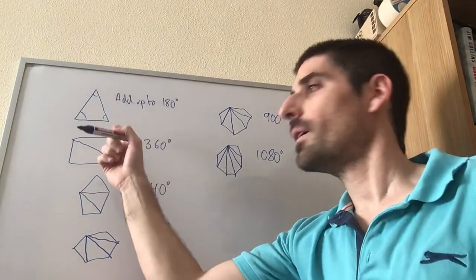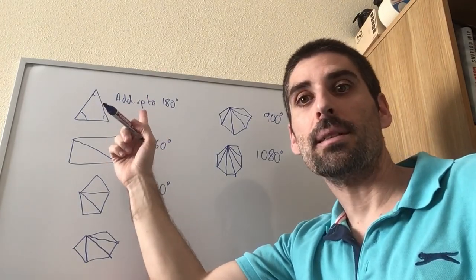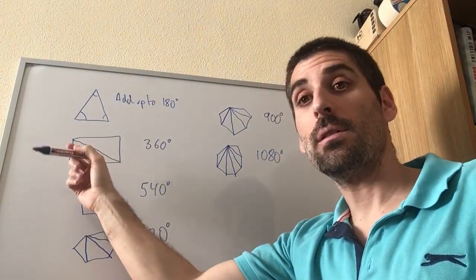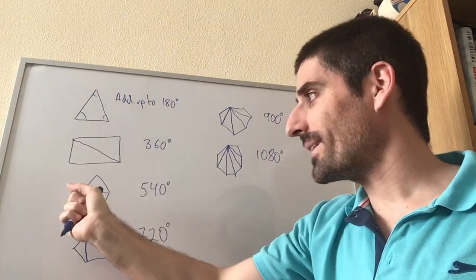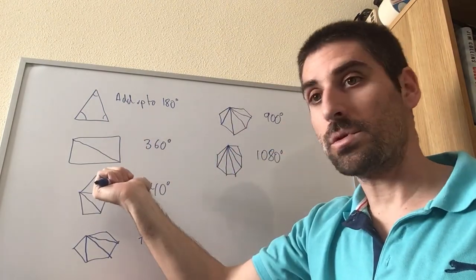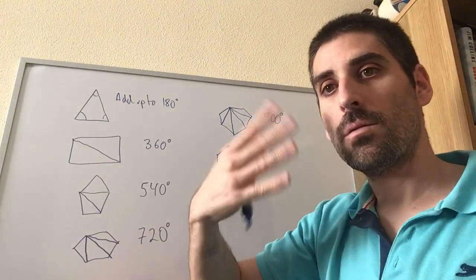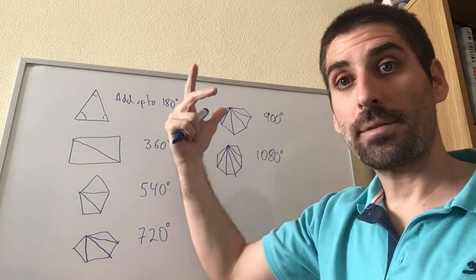Because in one triangle, I've got only one triangle, so that's 180 degrees. In a quadrilateral, I can split it into 2 triangles, so that's 360. A pentagon, I can split into 3 triangles, 540 degrees. A hexagon, 4 triangles. A heptagon, 5 triangles.